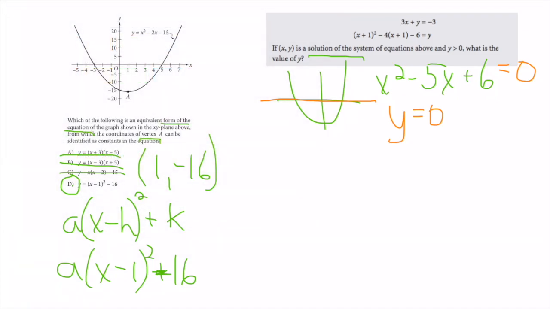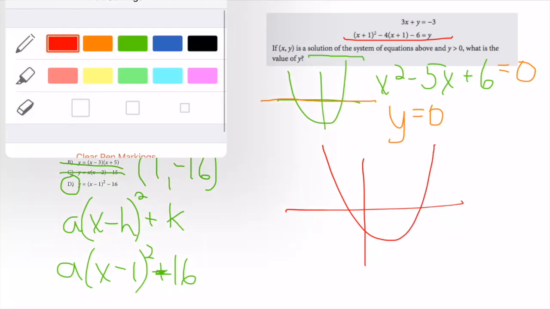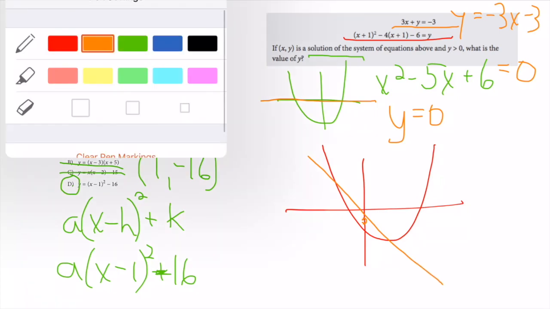So a question like this has a quadratic, whatever that might look like, and I also have a line here. If I were to rewrite this, it would be y equals negative 3x minus 3. So it would look something like this.